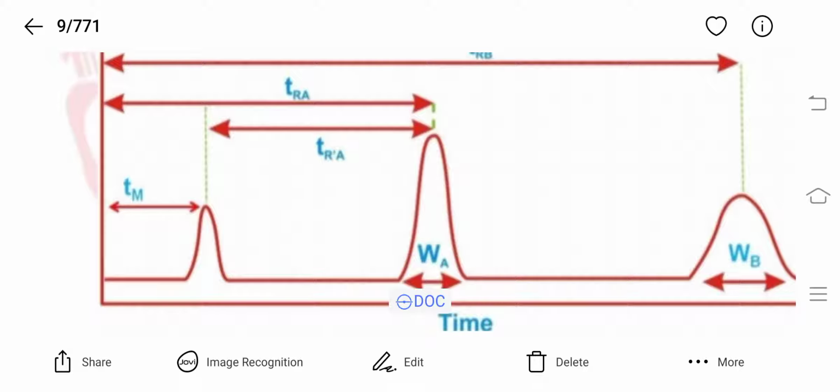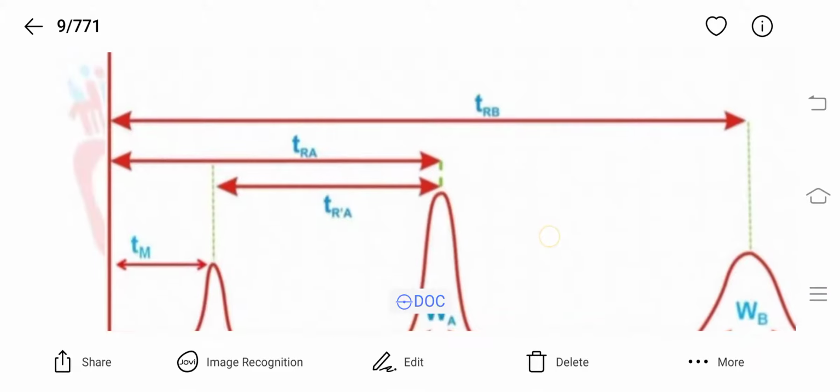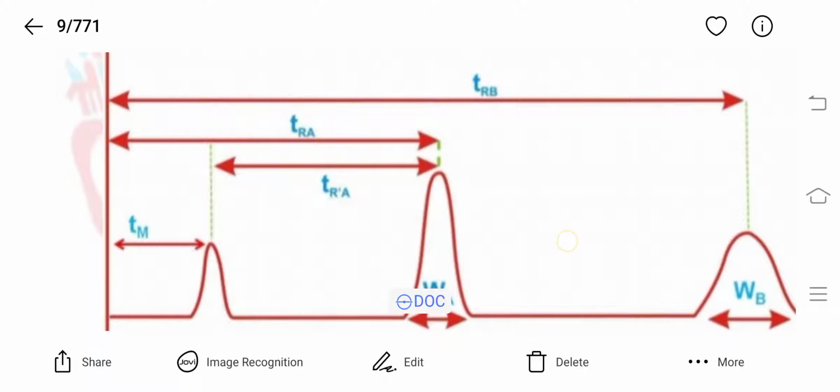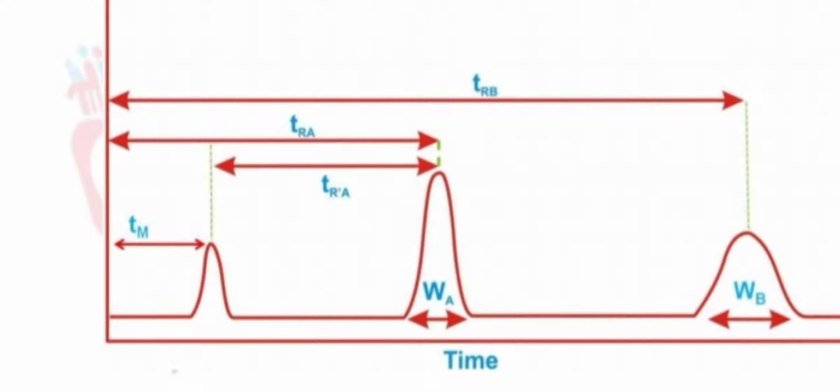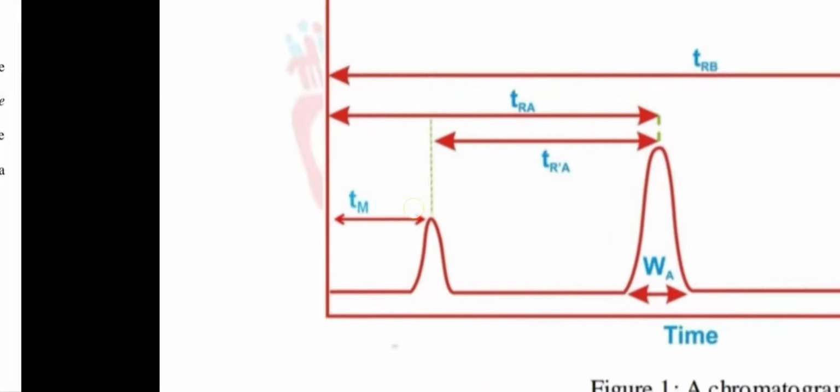So TM is the time which the mobile phase has taken to travel before the first peak, and the retention time for each component in the stationary phase is different, and the total retention time is equal to that of the last component which is separated in the stationary phase.